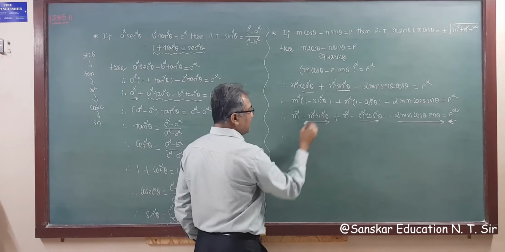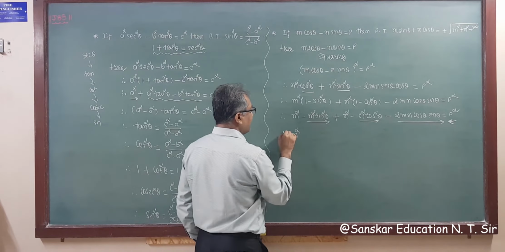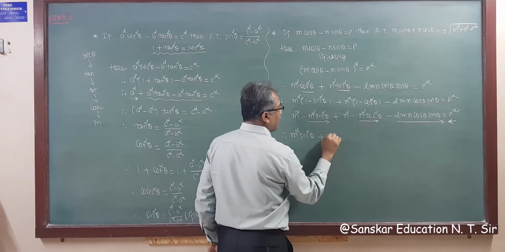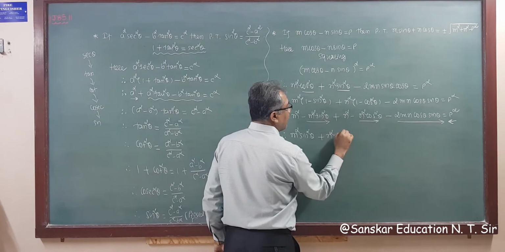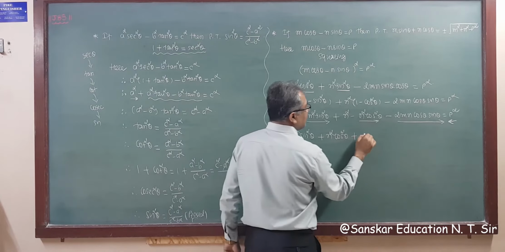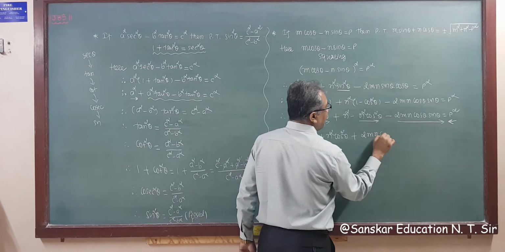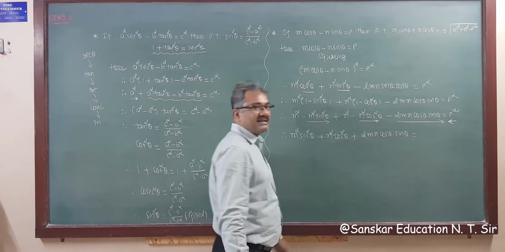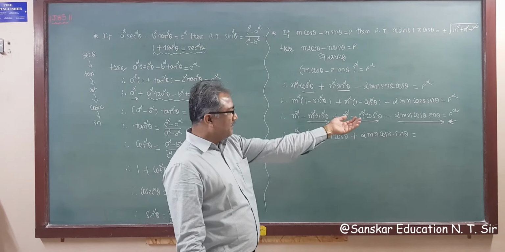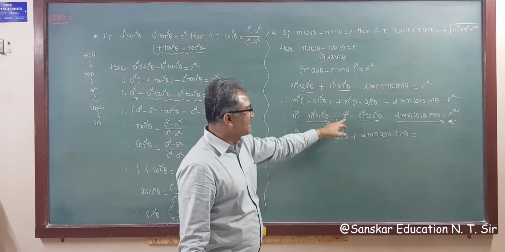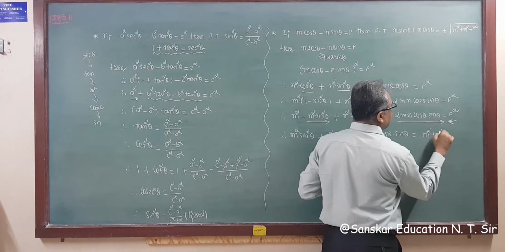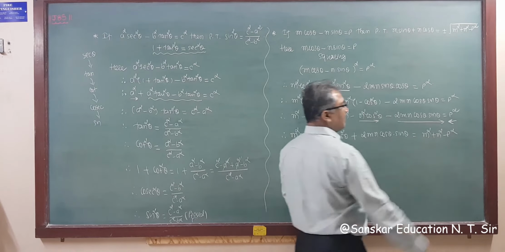If we take this to the right hand side, this is m square sin square theta plus n square cos square theta plus twice mn cos theta sin theta. So minus becomes plus if we change the sides. Now taking p square to this side, m square plus n square minus p square.